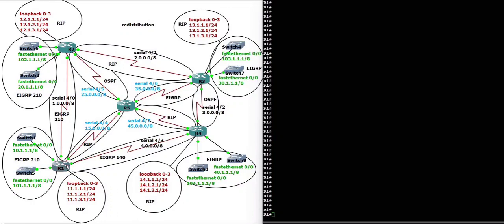On router 1 we have 5 interfaces, 3 serial interfaces, 2 fast Ethernets. So first we go on router 1, configure terminal.